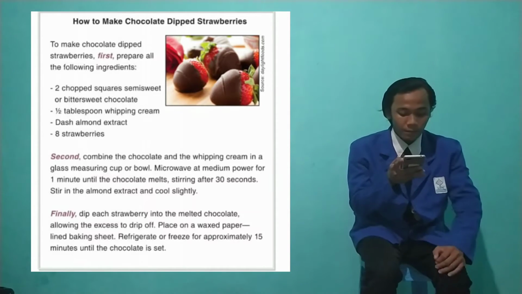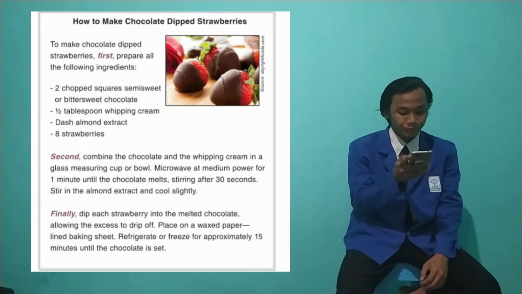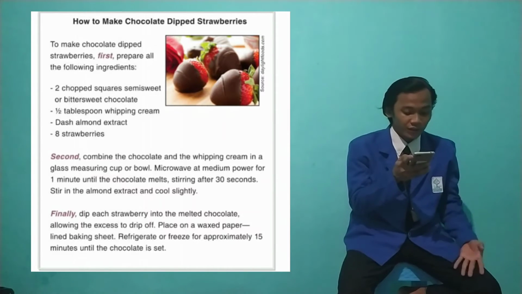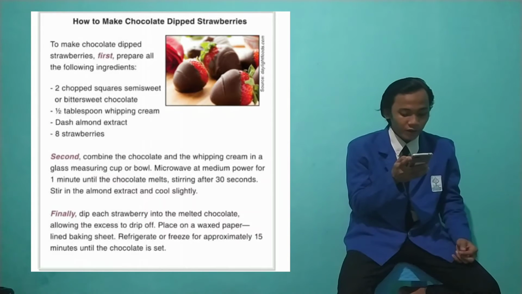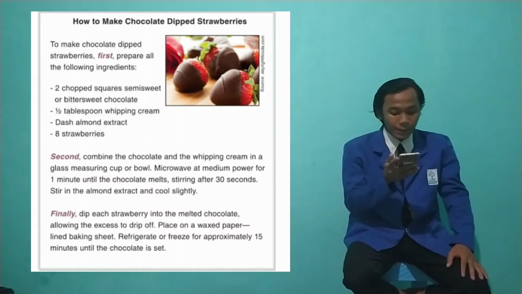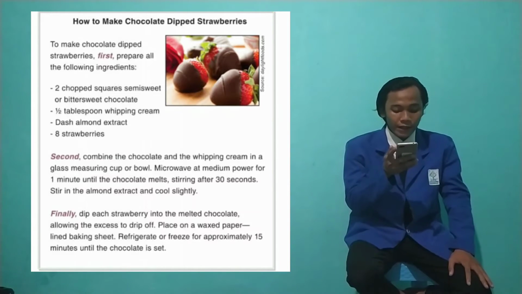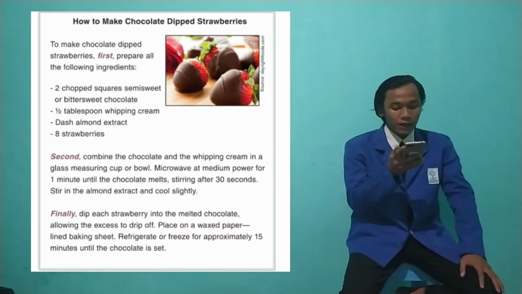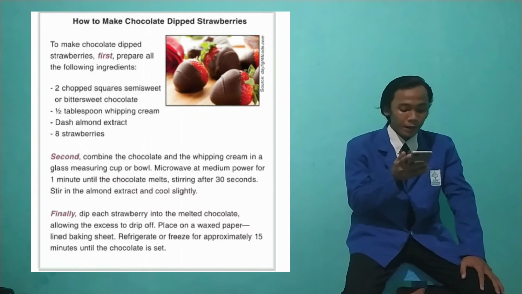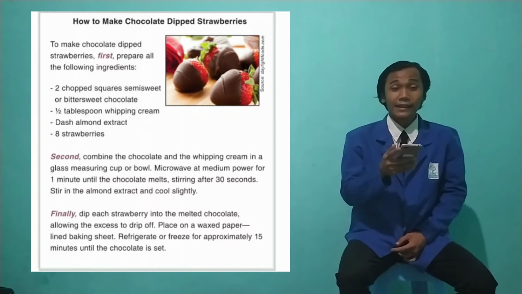Microwave at medium power for 1 minute until the chocolate melts, stirring after 30 seconds. Stir in the almond extract and cool slightly. Finally, dip each strawberry into the melted chocolate, allowing the excess to drip off. Place on a wax paper lined baking sheet. Refrigerate or freeze for approximately 15 minutes until the chocolate is set.